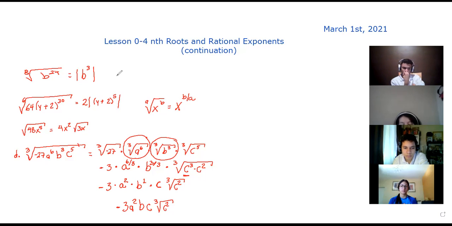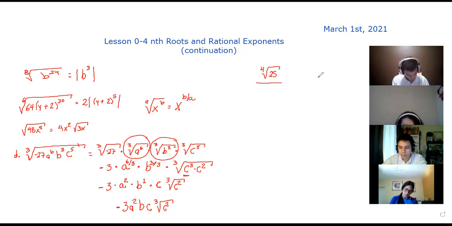Okay, let's do other examples so that we can get this clear. The 4th root of 25 divided by the 6th root of 5. This will be letter E. Now listen.